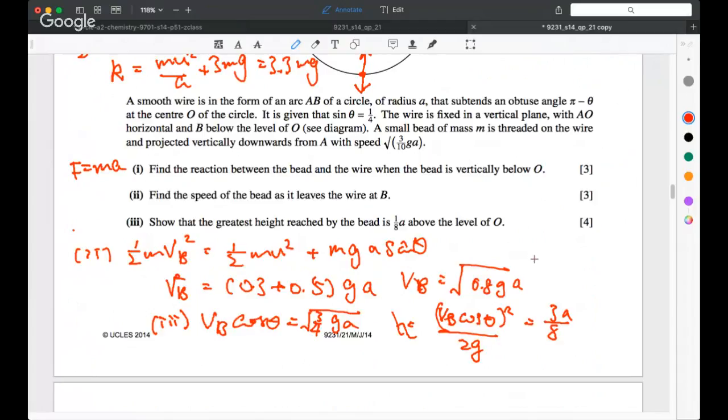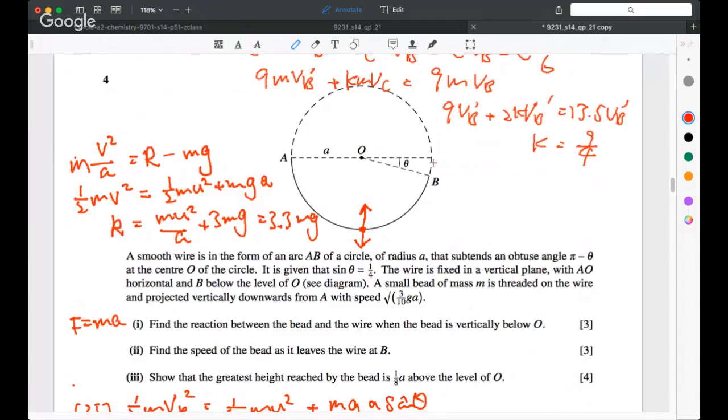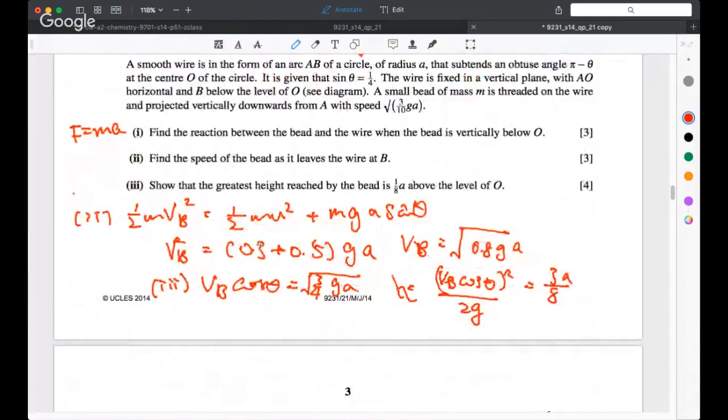And then after that, you need to subtract the difference between the height of point B and point O. So you need to do H minus A sine theta, and that will give you A/8.